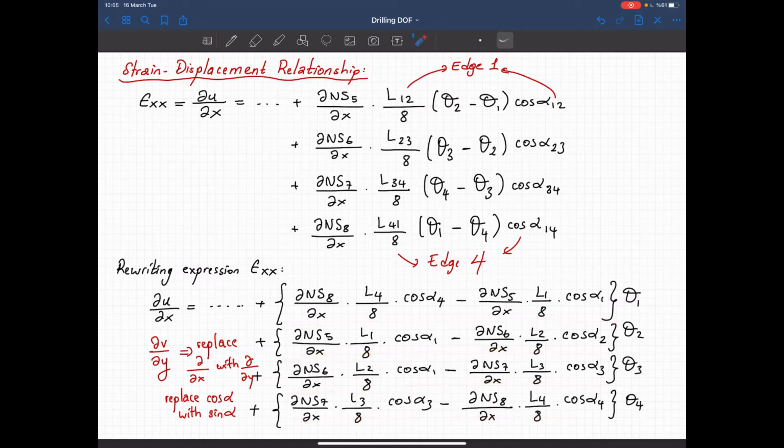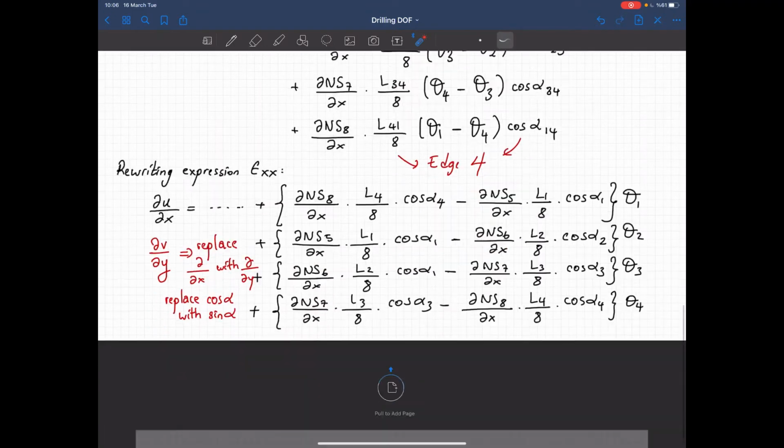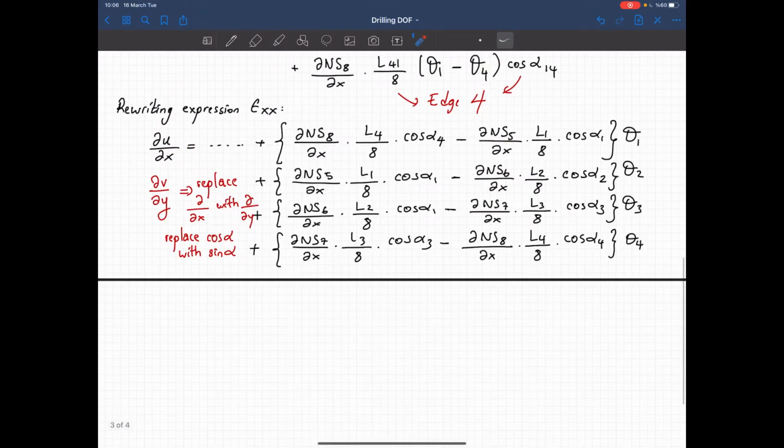The only thing that I will change is, instead of del over del x, I'll take del over del y, the derivative of this quadratic shape function with respect to y, and instead of cosine, use sine. And for the shear strain, you have del u over del y plus del v over del x. So the only thing again you'll change is these two values. So with this approach, you'll obtain your B matrix.